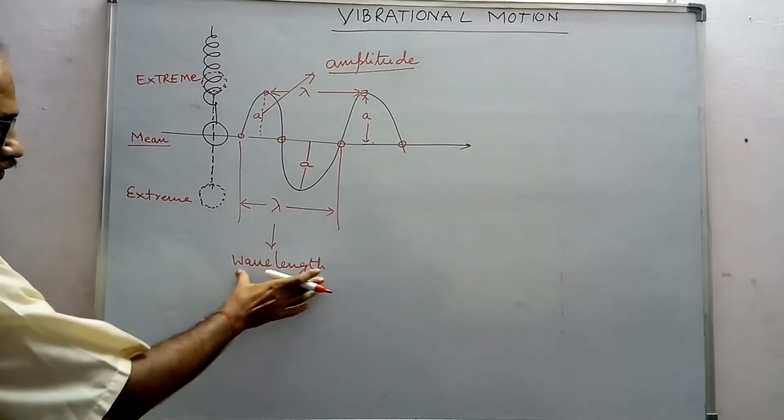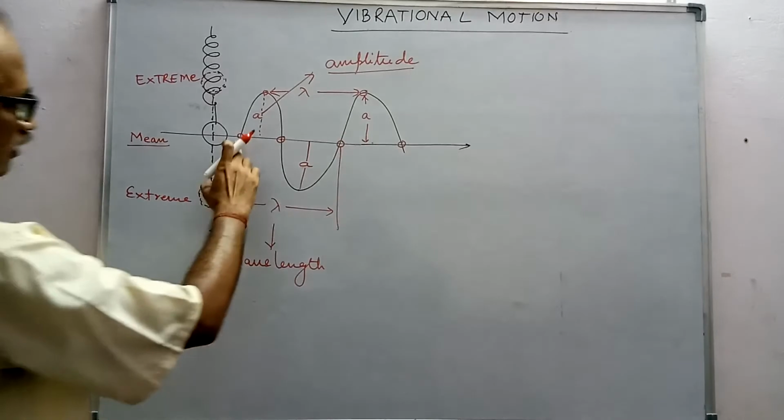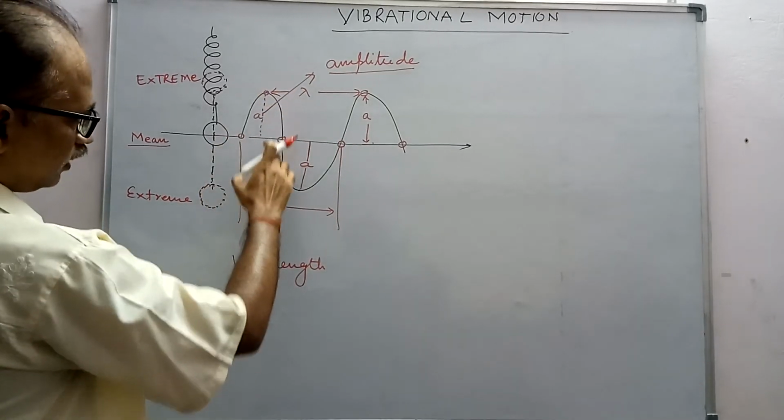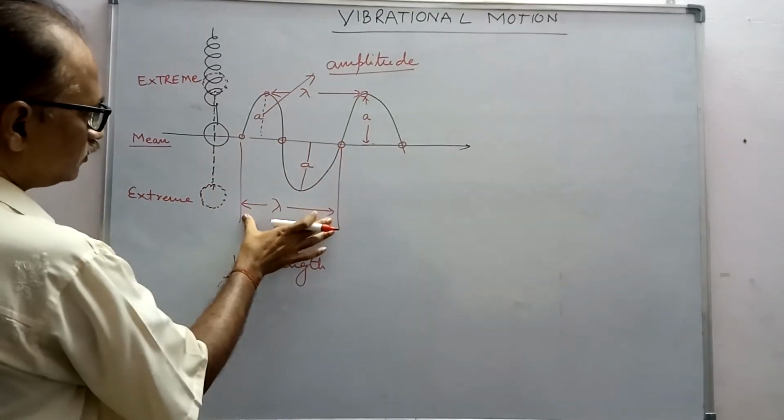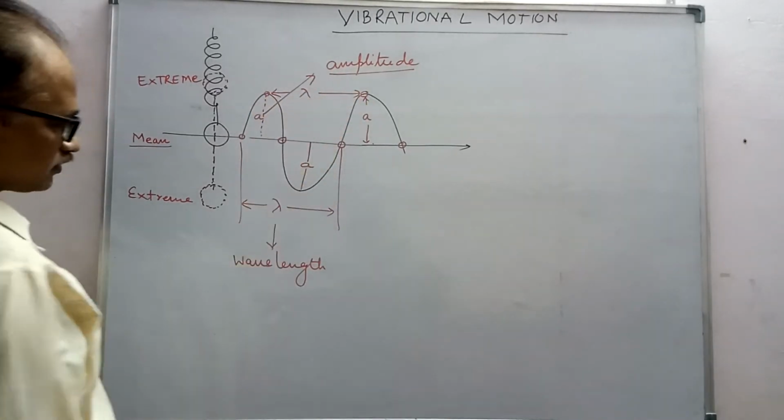So the wavelength is the distance traveled by a wave in one complete oscillation. One complete oscillation means above and then below. And these two extreme positions, their distance is also called wavelength, that is lambda.